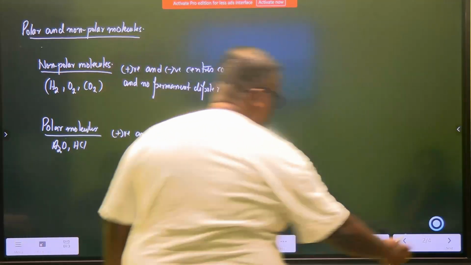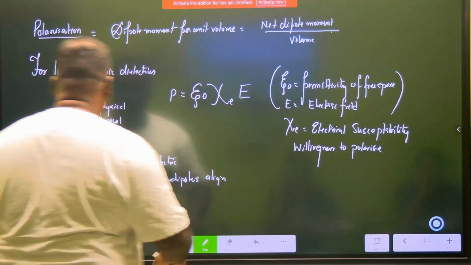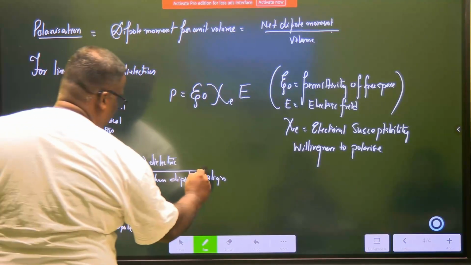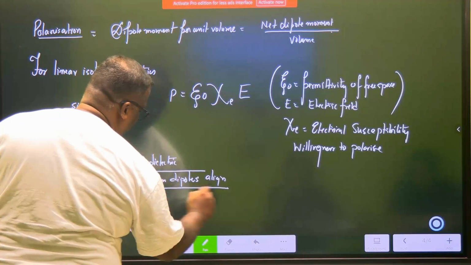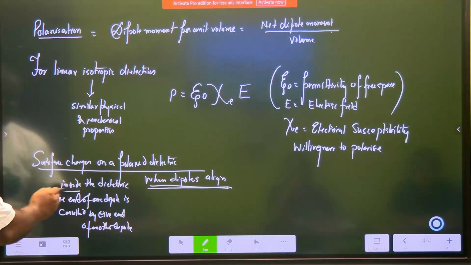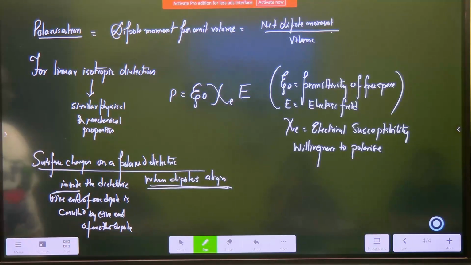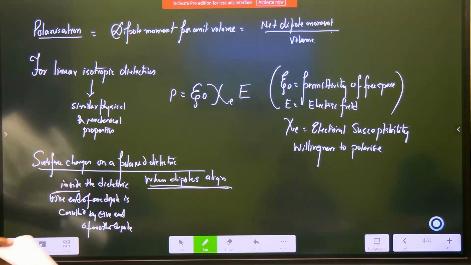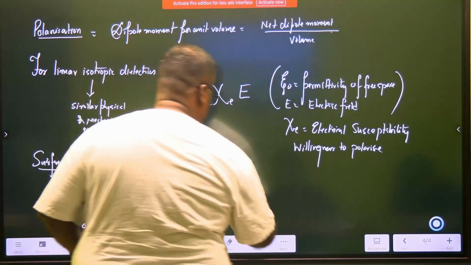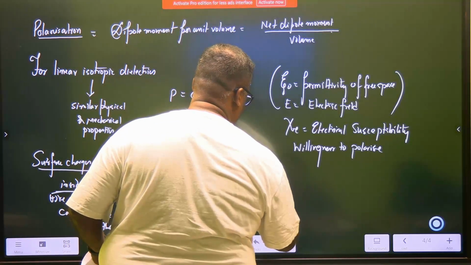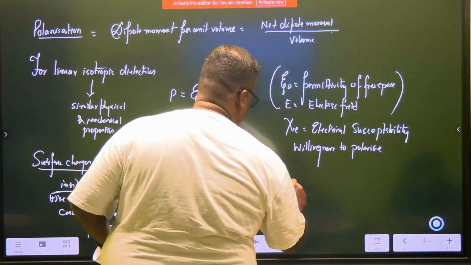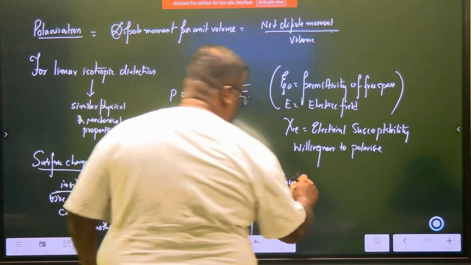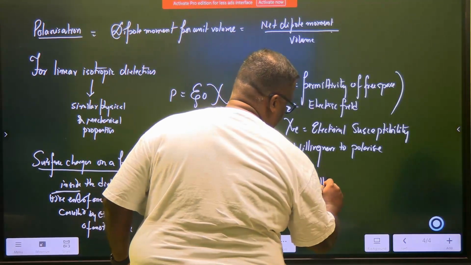So that's what I've written. Surface charges on a polarized dielectric: when the dipoles align, inside the dipole this is happening, and at the surface cancellation is incomplete.